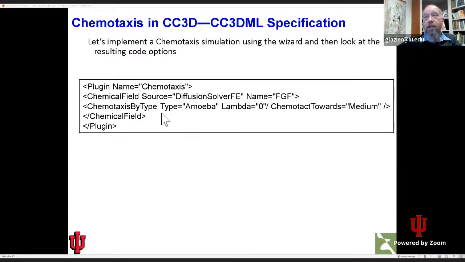And then we can define chemotaxis by cell type, name of the cell type, the strength of the chemical response, whether it responds on all surfaces or only some. Here, it only responds on contact with medium. And we can do that repeatedly. Again, we can have multiple specifications to sum up different responses. So the same cell could chemotax to multiple chemicals simultaneously. The same chemical field could attract different cell types in different ways.